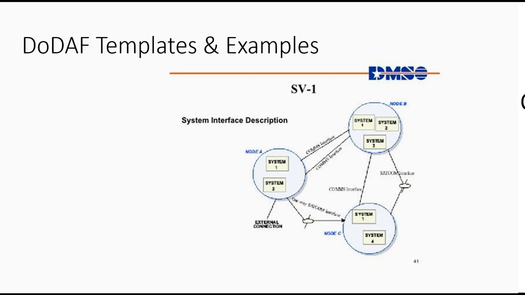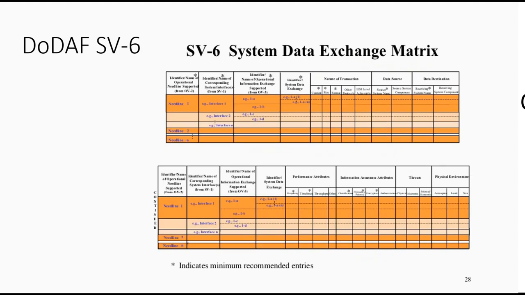You use virtual presence from each one of these locations and describe how you're talking between the nodes. It would be perfectly fine. So the DODAF SV1 can be adopted or adapted to whatever circumstance you have and can describe the relationship between systems. Here's an SV6 which identifies the specifics of the interfaces, the data exchanges between every system and every other system in your system of systems.